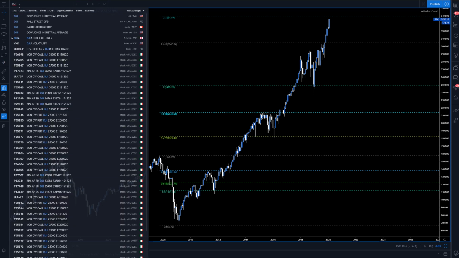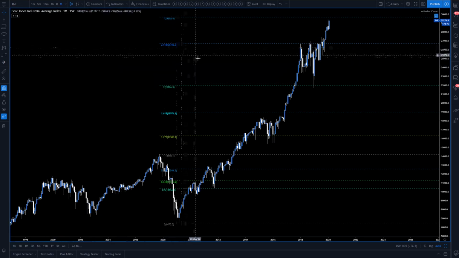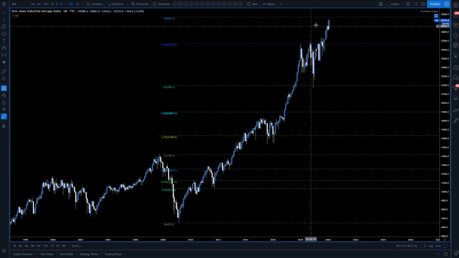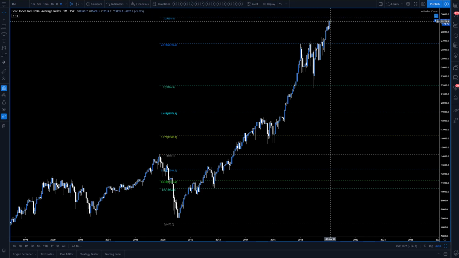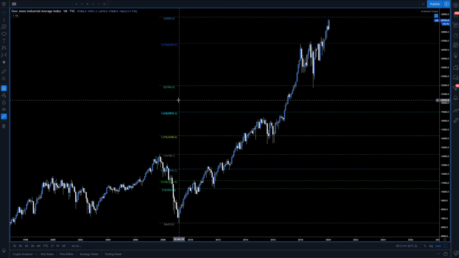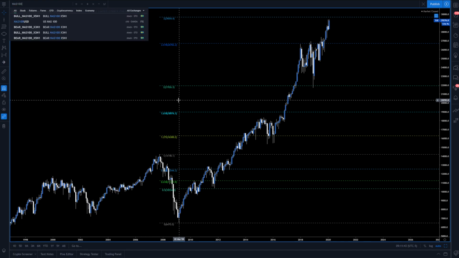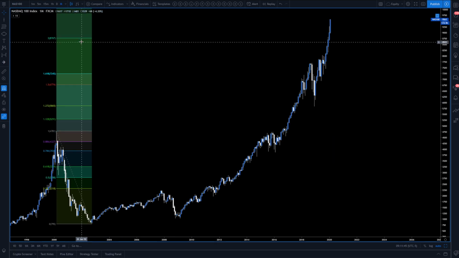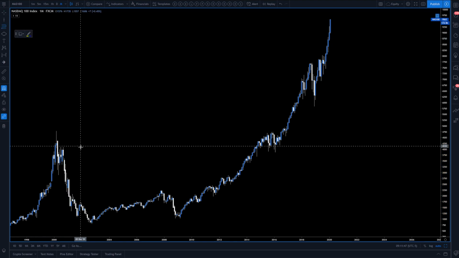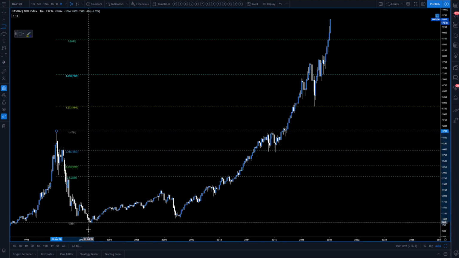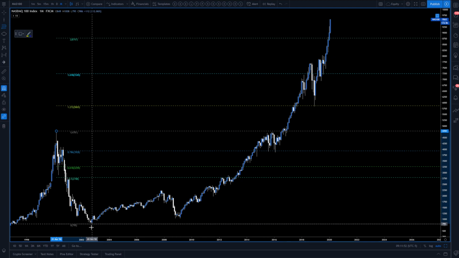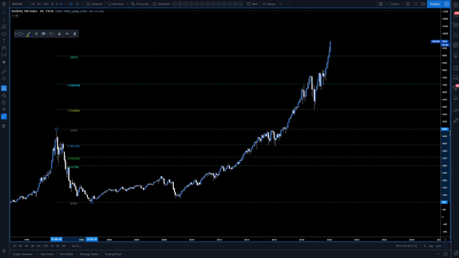Dow Jones index is similar. It has a target that's not that far away from this 3.0 extension. And we've got a big one coming up here also, I think, unless I'm mistaken.